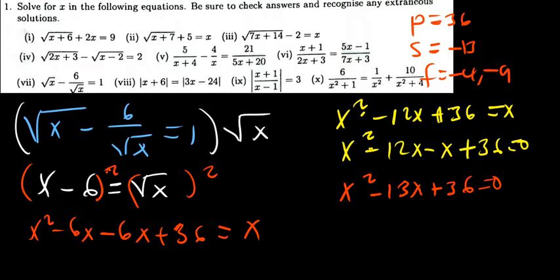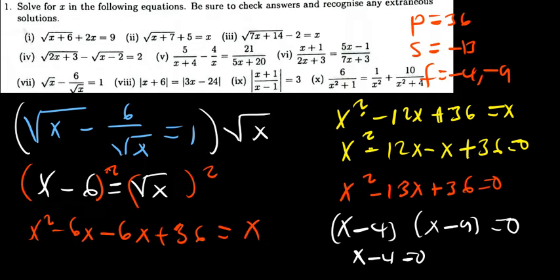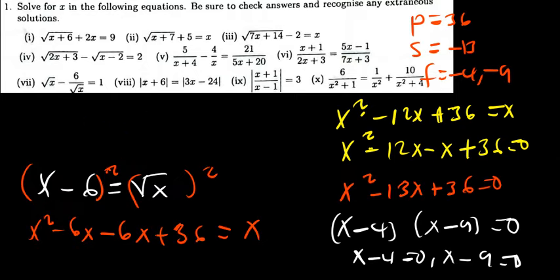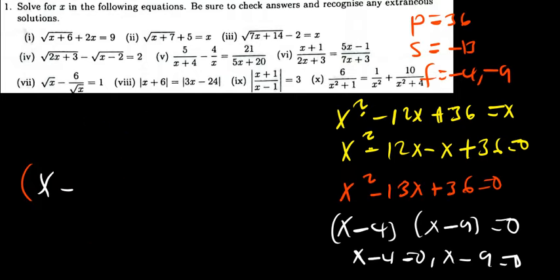Meaning that if the coefficient is positive 1, those are my solutions. x minus 4, x minus 9 is equal to 0. So x minus 4 is equal to 0 and x minus 9 is equal to 0. If I shift 4 to the other side, it will be positive 4. x will be equal to 4. Another one, x will be equal to 9.